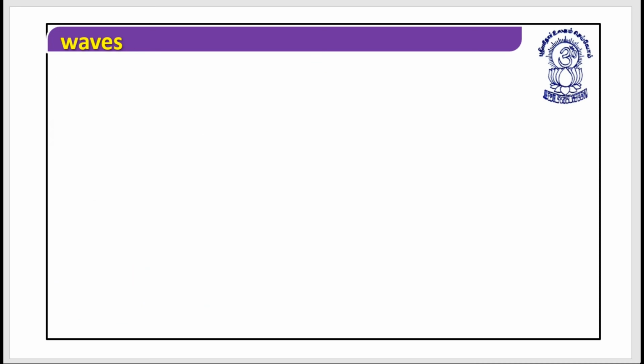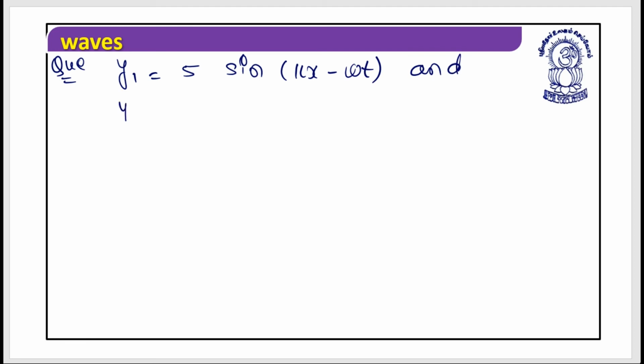Let's begin with the questions on intensity. The question says let's say y1 is equal to 5 sine kx minus omega t, and y2 is equal to 10 sine kx minus omega t.